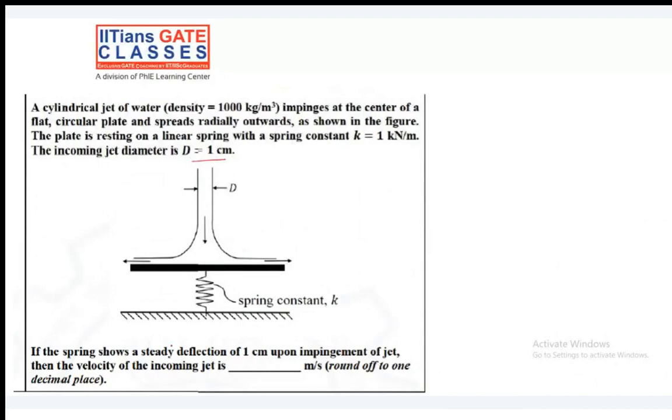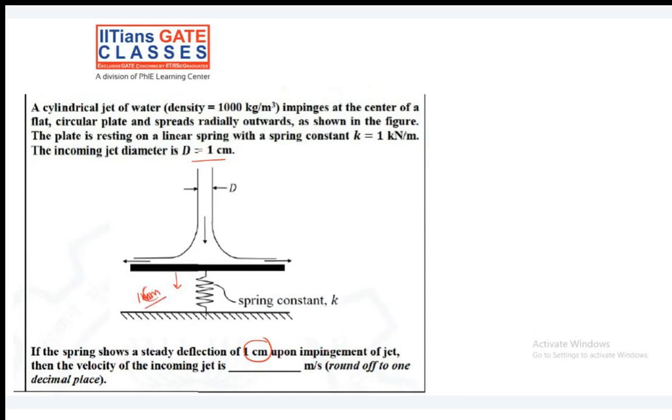Now it says that the spring shows a steady deflection of 1 centimeter upon impingement of the jet. When this jet strikes this circular plate, the spring attached gets deflected by 1 centimeter, sorry, 1 centimeter.